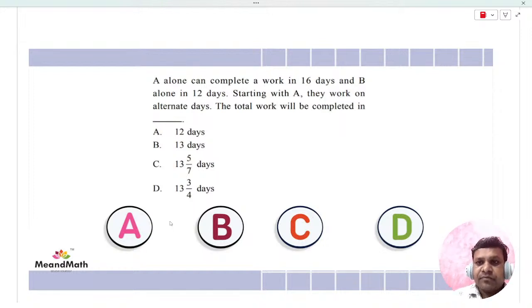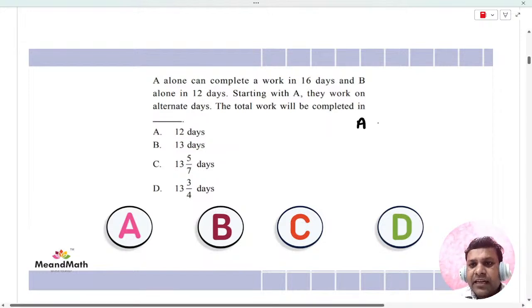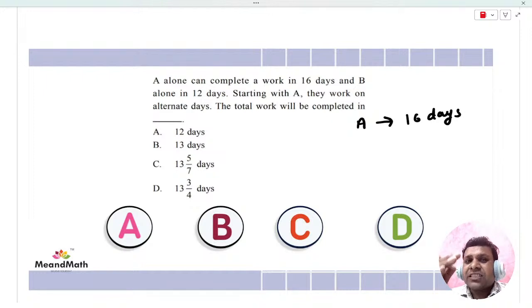For these questions, if A can complete the work in 16 days, this is not a direct variation, this is an indirect variation.